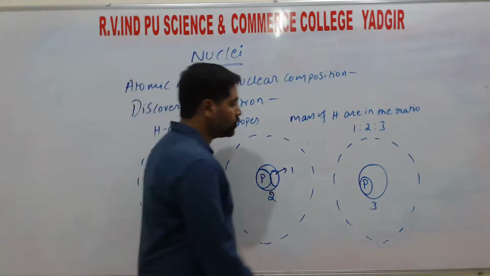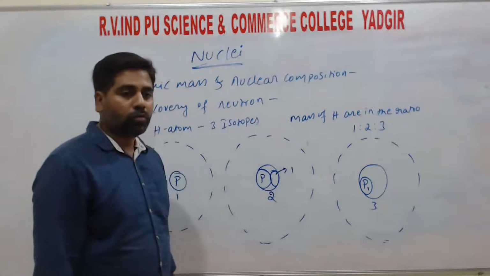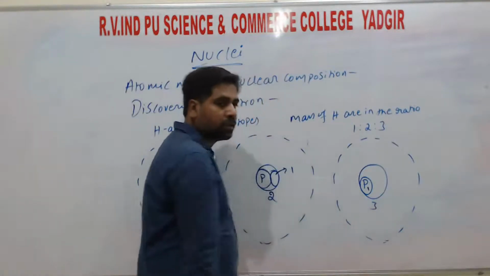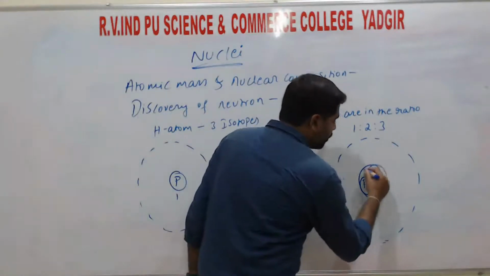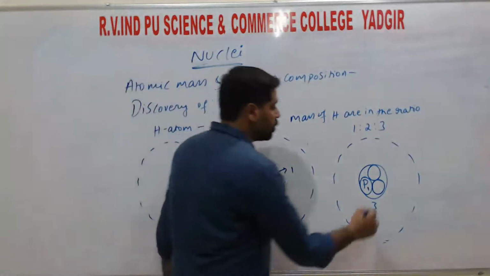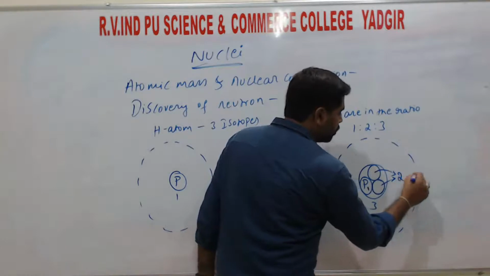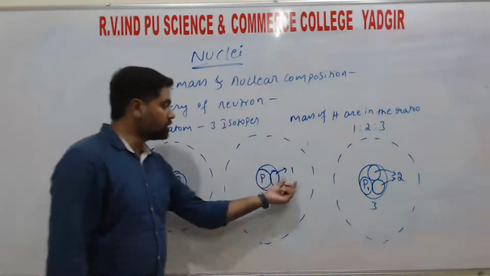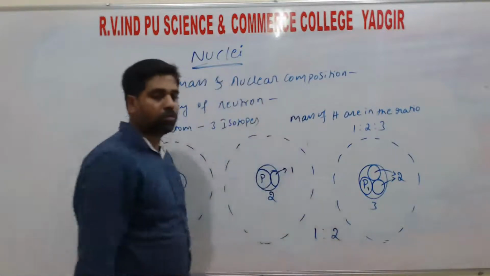The proton has a mass of 1 u. Here the total mass of the tritium is 3, and we don't know the other remaining mass. Here it is 1 and here it is 1, so we get 2. The relative mass ratio from these two is 1:2.